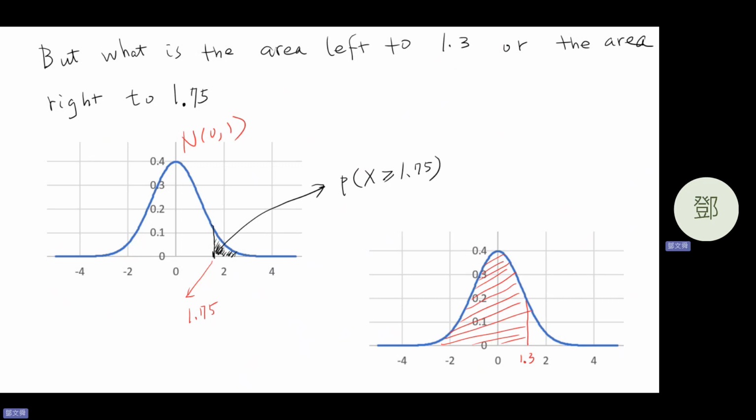Standard normal, okay? So please go back to the appendix for the normal table. Please go to the table here.